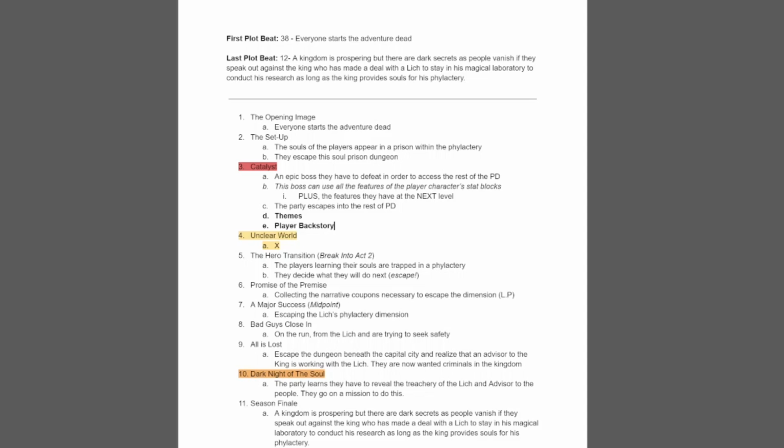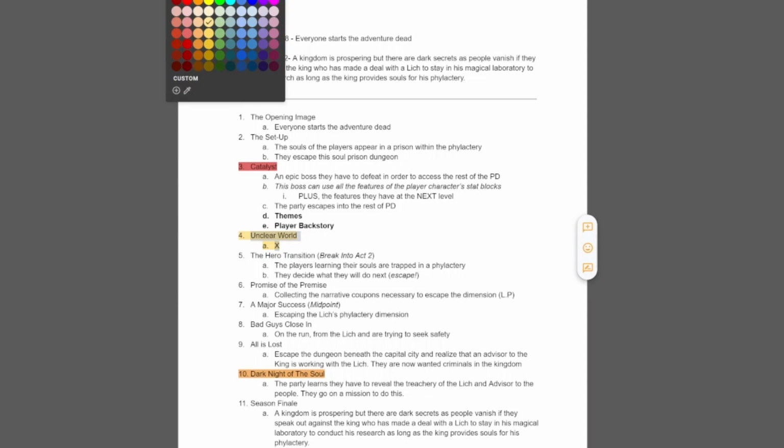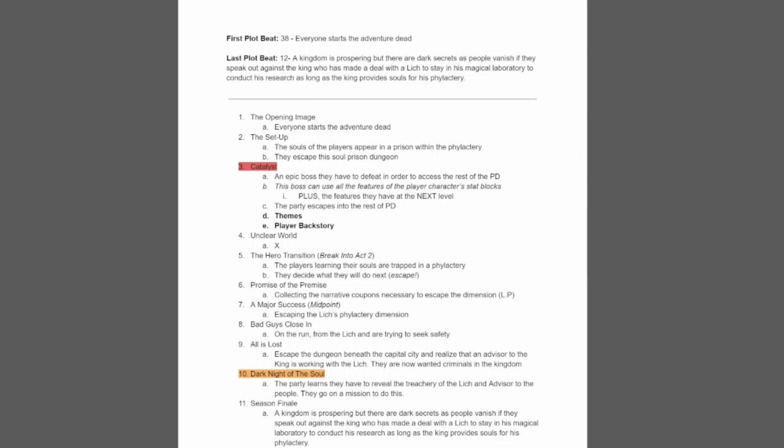Now we go from Catalyst to Unclear World. The Unclear World is also important. Its importance is getting us from escaping this boss, going from our setup to the hero transition. Now, what this Unclear World is kind of up to us. Maybe it's a mini hex crawl, right?